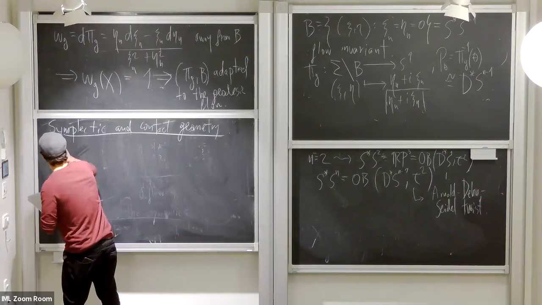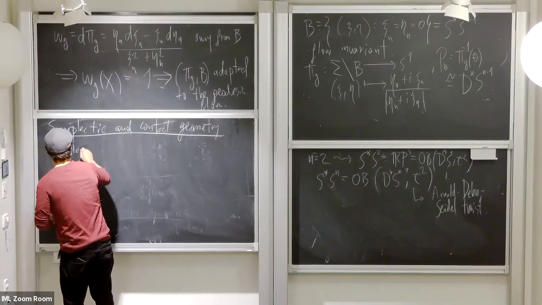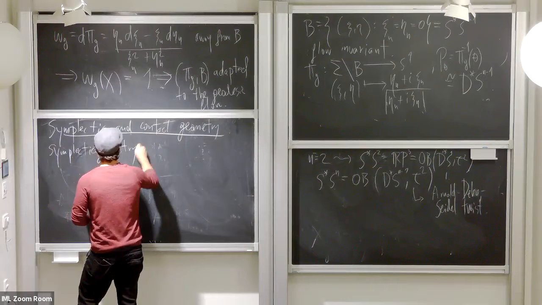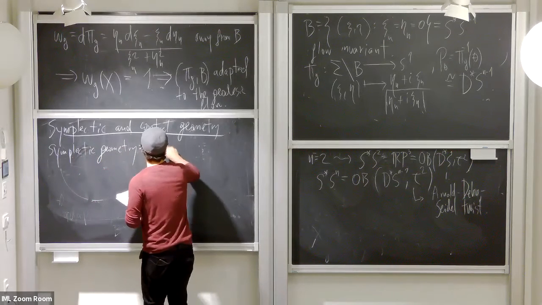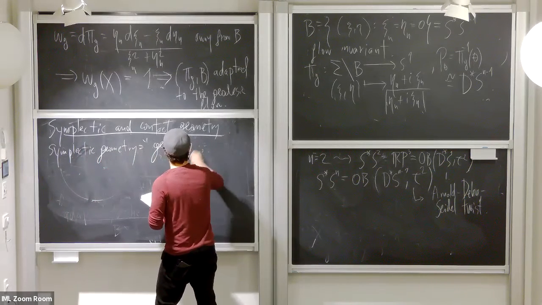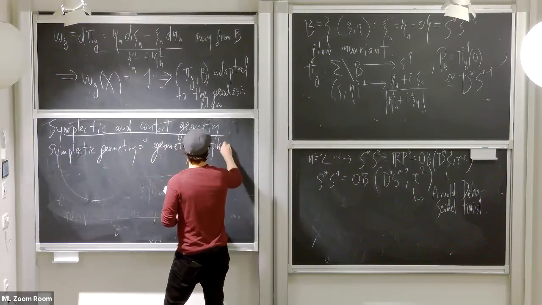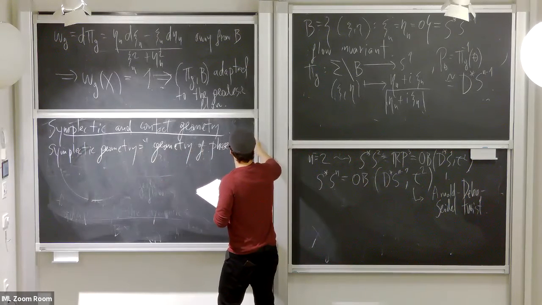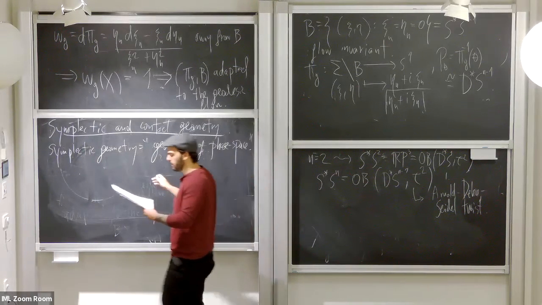So symplectic geometry, roughly speaking, is a geometry of phase space. Remember, phase space is a configuration space of positions and velocities of a classical particle.